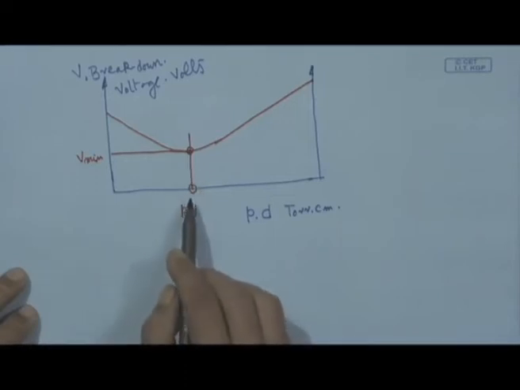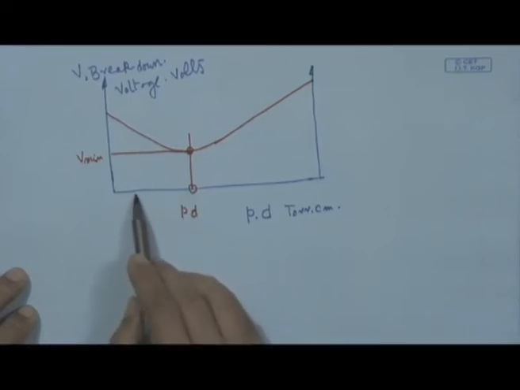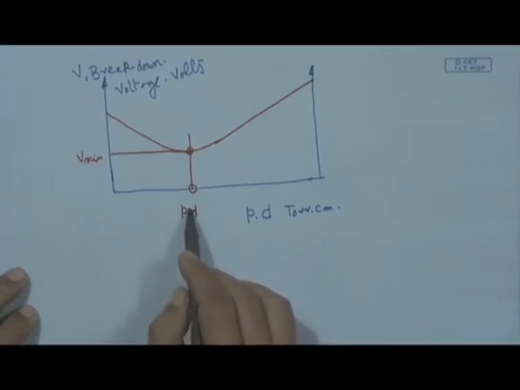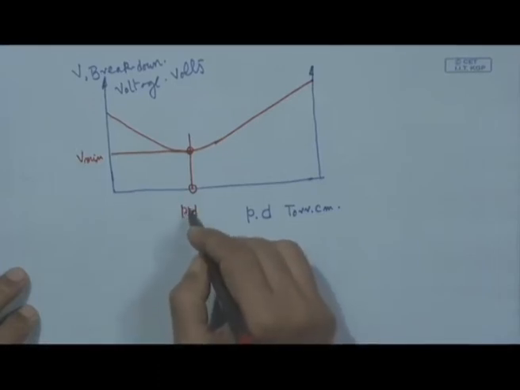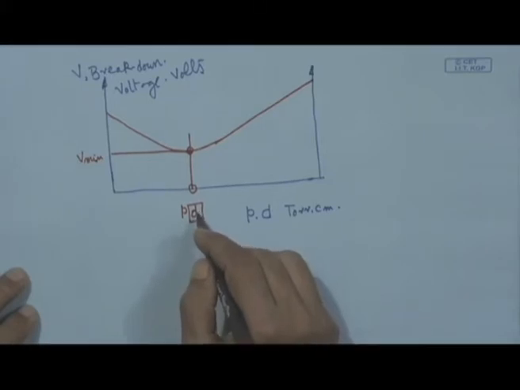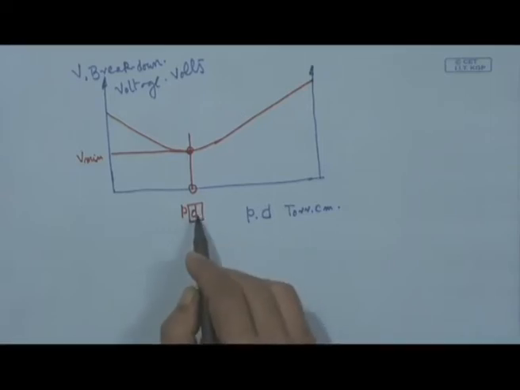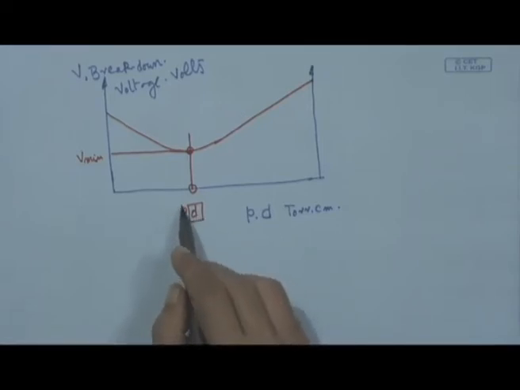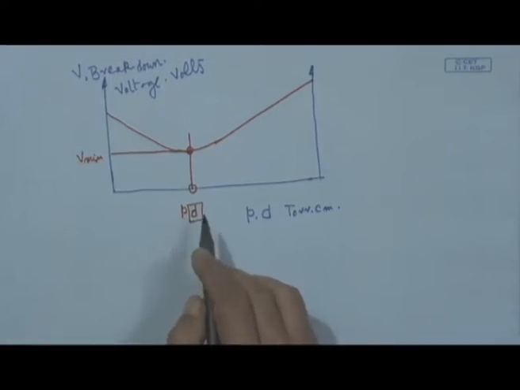If we work with low pressure, this is the low pressure side, or a shorter SOD, a shorter target to anode distance, that means a short inter-electrode space, then P and D both will be low.